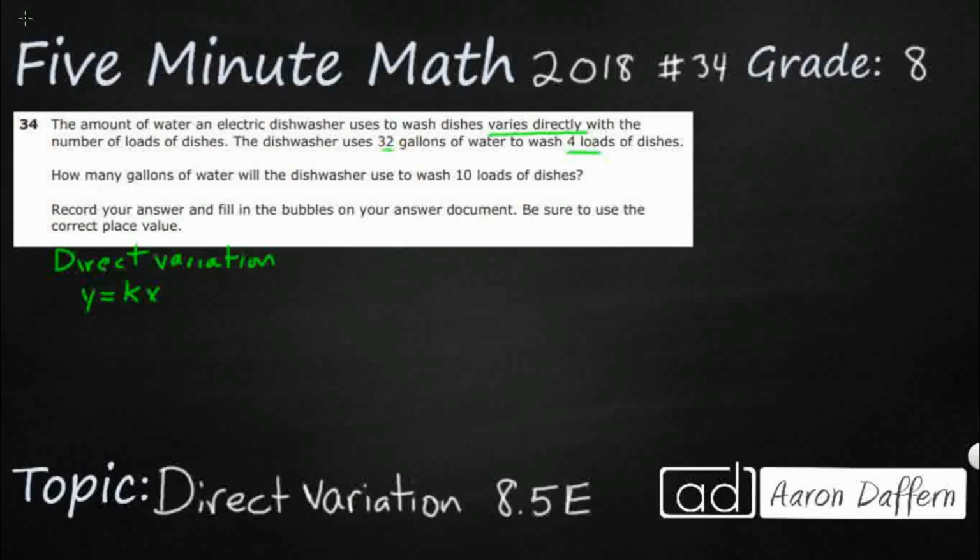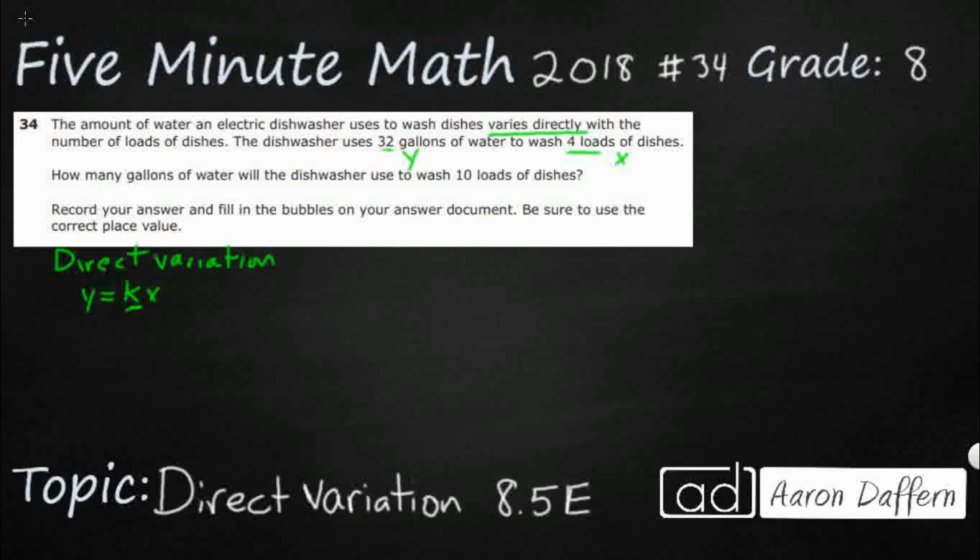Well, our independent variable is going to be our x, right? And so that is going to be how many loads of dishes we have. That's our independent variable. And then that is going to be modified by this k, and then we're going to get our dependent variable of this 32.